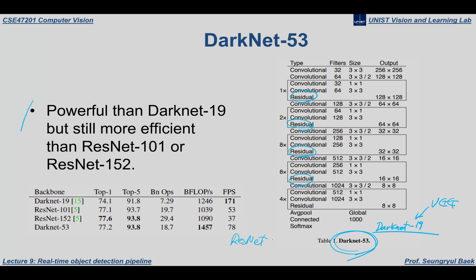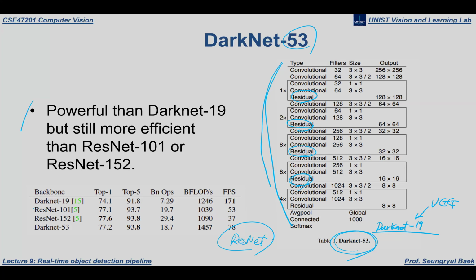That's not their idea, but at the time of YOLO version 3, ResNet appeared, and the authors came to know that this residual connection can reduce the vanishing gradient effect. So they used this residual connection in the middle and proposed Darknet 53, and used it as the backbone architecture of YOLO version 3.